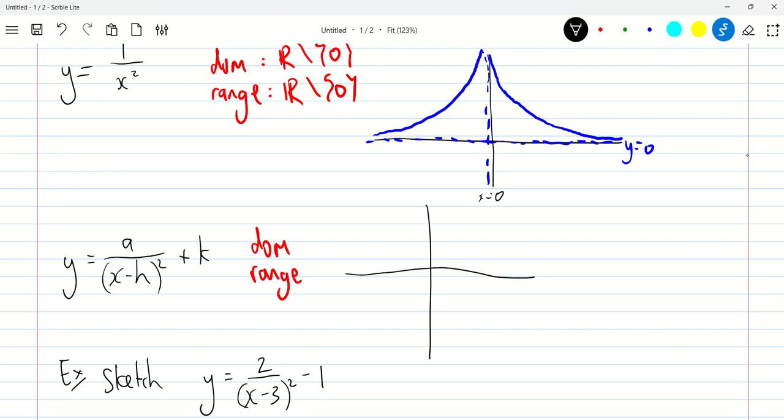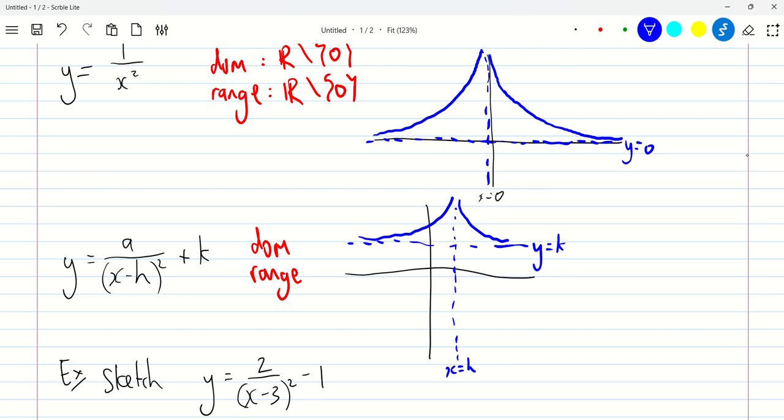What happens if we have some transformations of a, h, and k? Once again, you have an asymptote at x equals h, I don't know why I said a, brain has gone to mush, and you're going to have an asymptote at y equals k, just like for our hyperbola, and your curve going up like that for those two asymptotes.